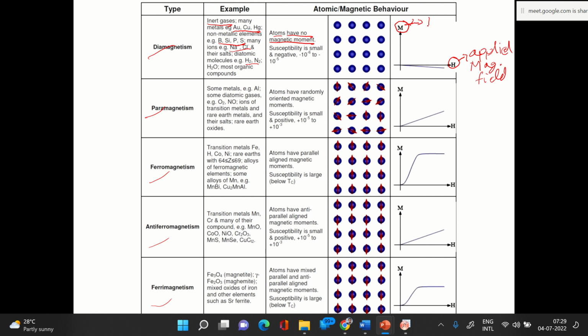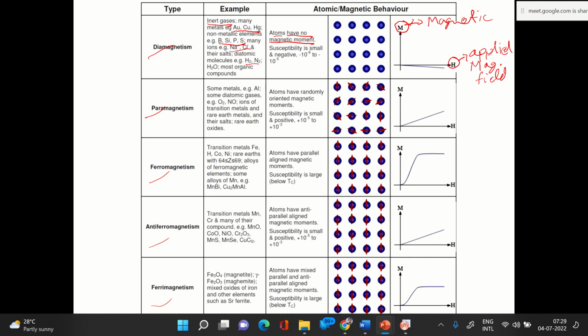Whenever we discuss magnetic behavior, this M versus H plot is very important in describing the behavior. By looking at the nature of these curves, you can say what type of material it is, whether it is diamagnetic or paramagnetic. Everything you can decide by looking at this graph.